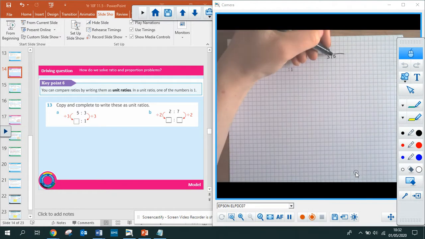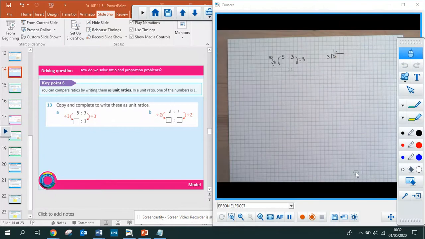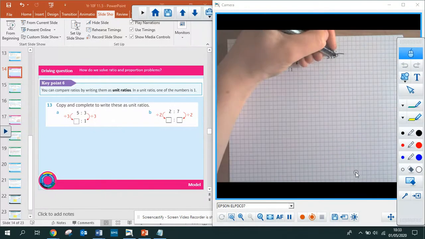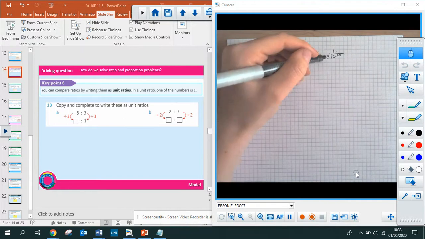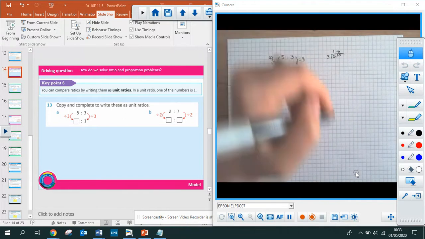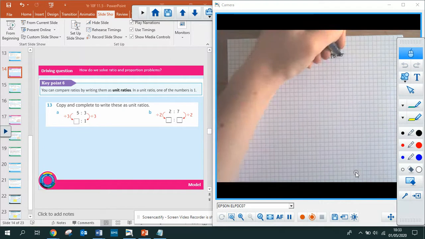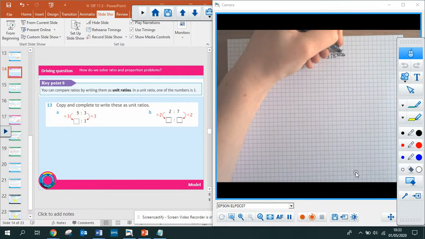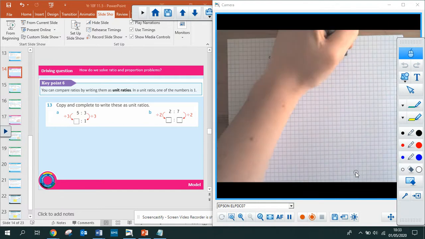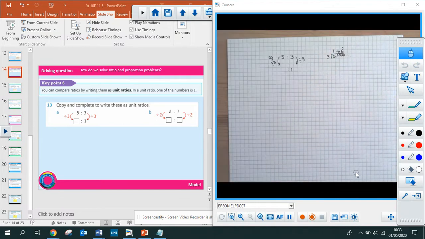3 goes into 5 once. This is now going to become a decimal because we've got to the end of our number that we're dividing, with 2 remaining. So that becomes 20. 3 goes into 20 6 times, with 2 remaining. That becomes 20 again. 3 goes into 20 6 times, with 2 remaining, so you know this is going to carry on, and it's going to be recurring.